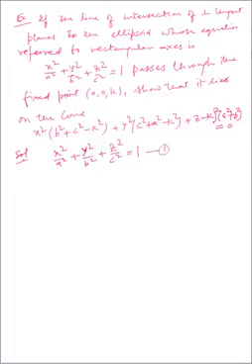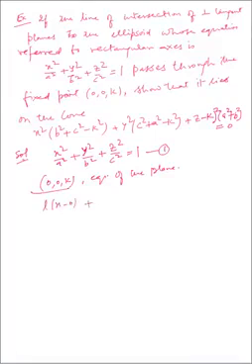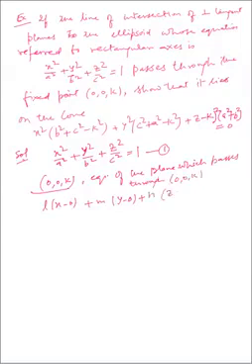And equation of any plane which passes through the point 0, 0, k will be l(x minus 0) plus m(y minus 0) plus n(z minus k) is equal to 0, or we can write lx plus my plus nz is equal to nk.